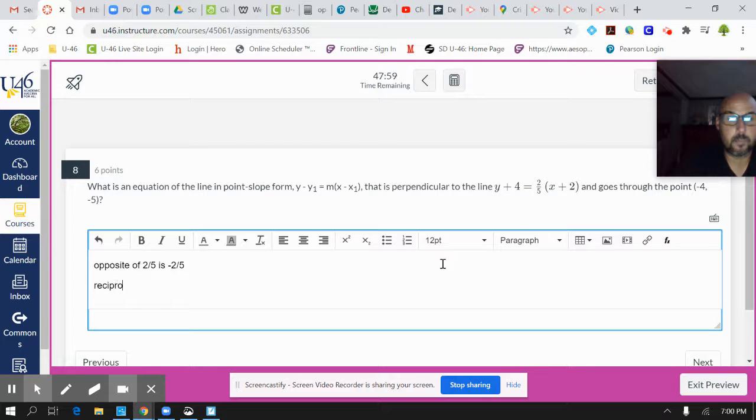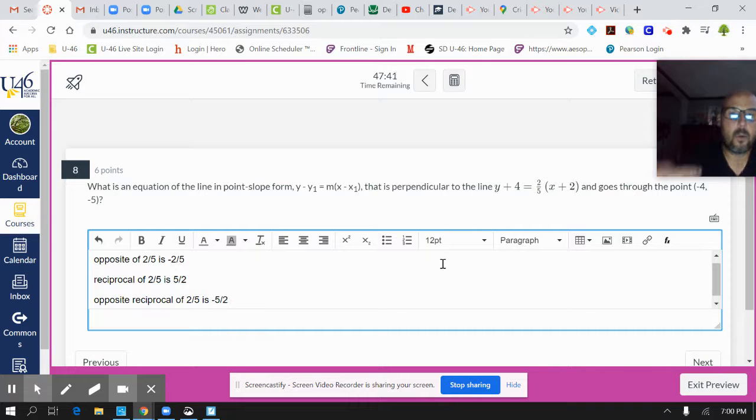The reciprocal of 2/5 is 5/2. If you combine them, the opposite reciprocal of 2/5 is negative 5/2. That is our slope. The line that has a slope of negative 5/2 will be perpendicular to this line.